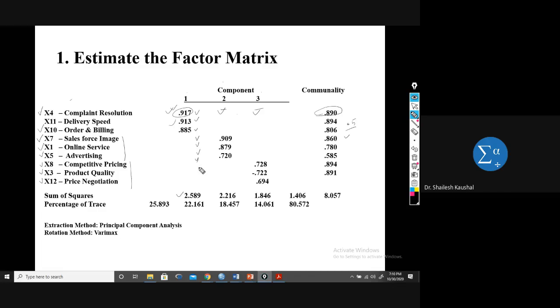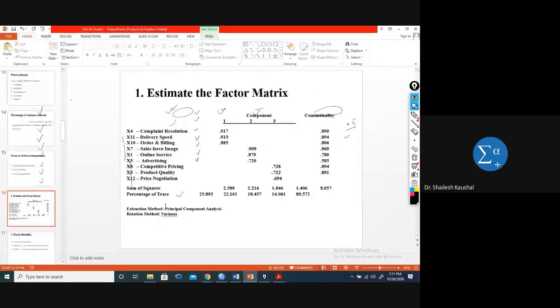Now the percentage of trace. Here it is 25.839. I am explaining this graph. How will we find the percentage of trace?